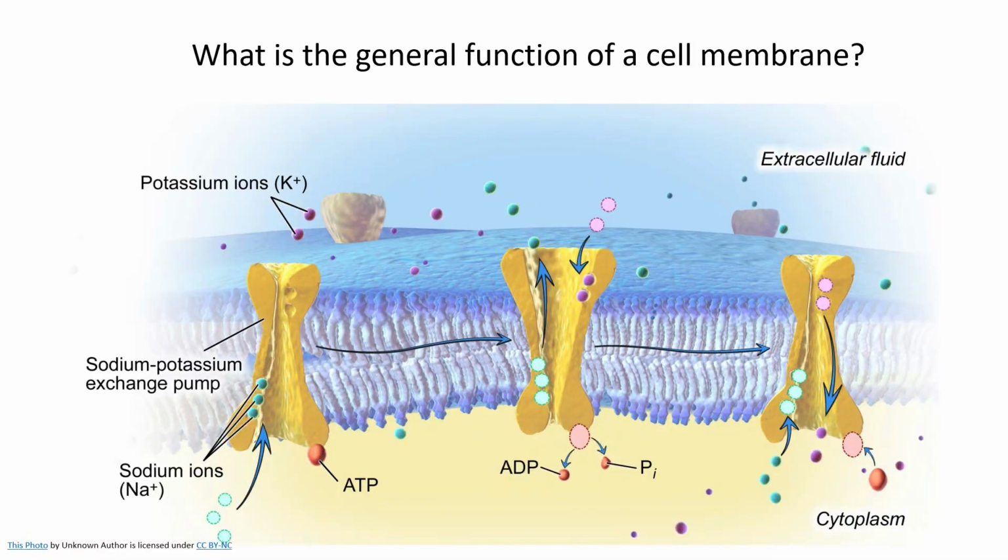And so the next question would be, what is the general function of a cell membrane? We just talked about the cell membrane a minute ago. The general function is to keep the stuff that's supposed to be inside the cell inside, and to keep the stuff that's supposed to be outside the cell outside. That's its job. Its job might be hard, but it's not real hard to understand.